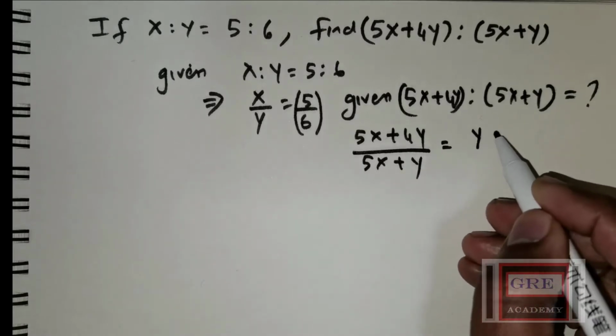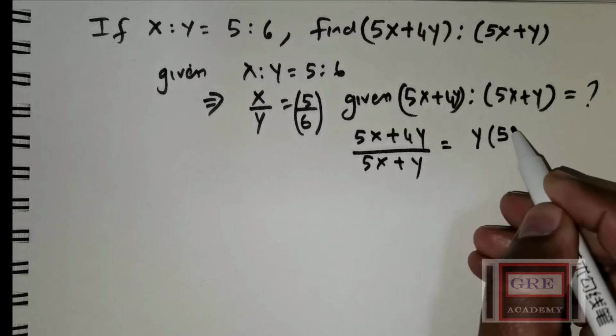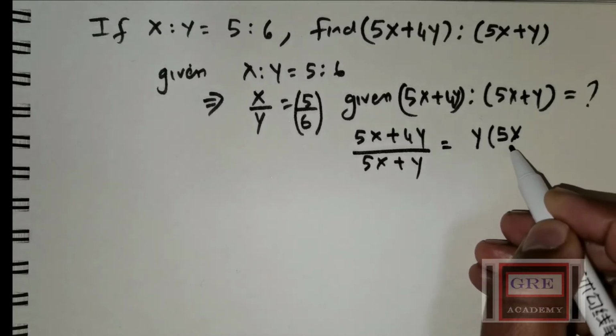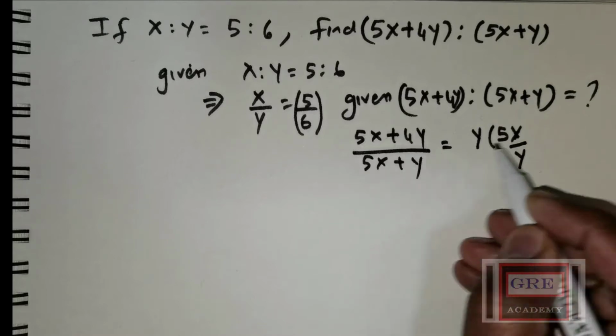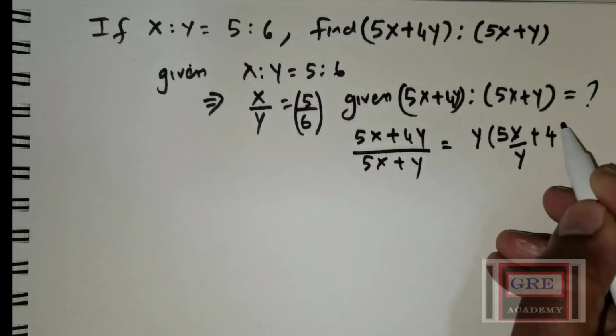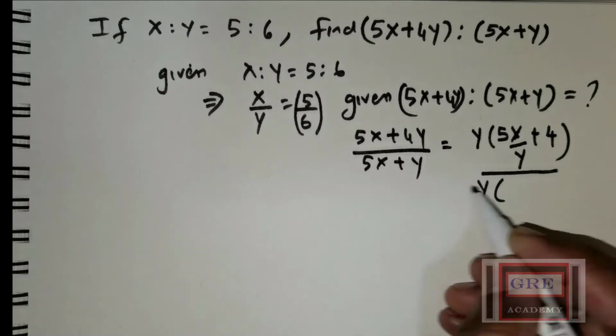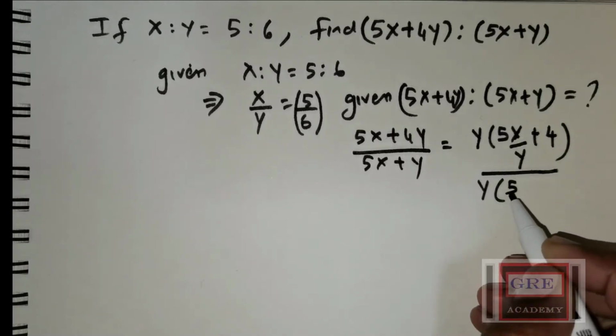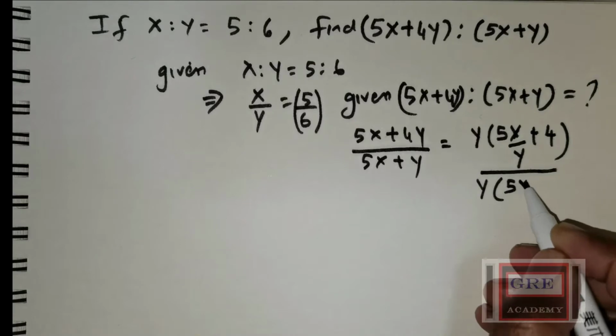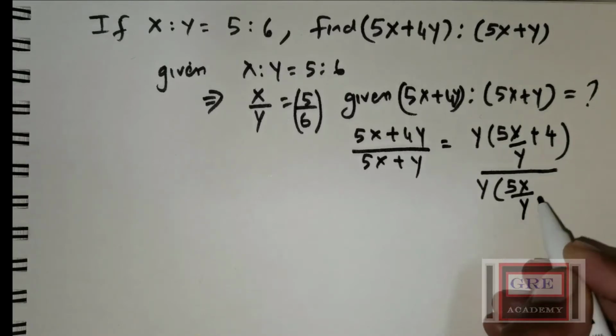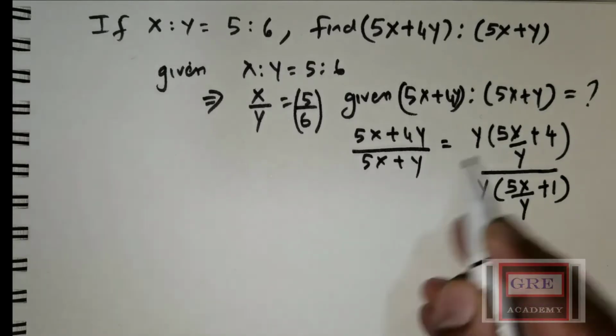So this is going to be y of (5x divided by y + 4), because y is taken out, divided by, I take y out, and this is going to be 5 of x divided by y plus 1. So this is what I have got.